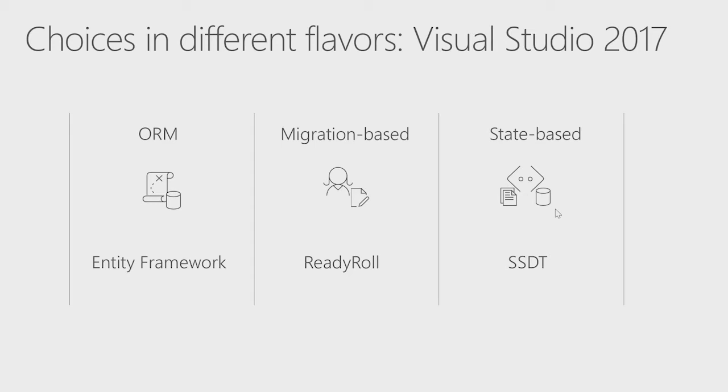In this session, I will run a demo for migration-based and state-based database projects in Visual Studio 2017. And then I'll run through how to enable CICD using VSTS based on this database project. While I'm doing the demo, if you have any question, please ask. At the end of the session, we will go through those questions and answer them.